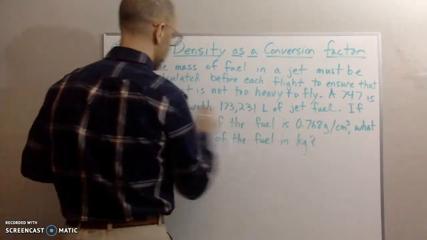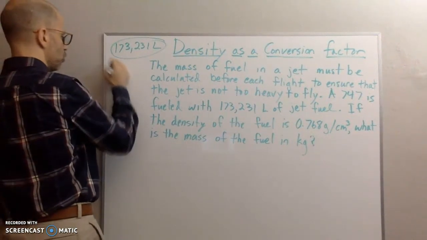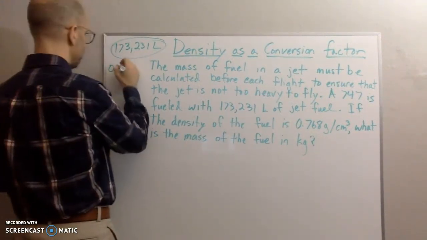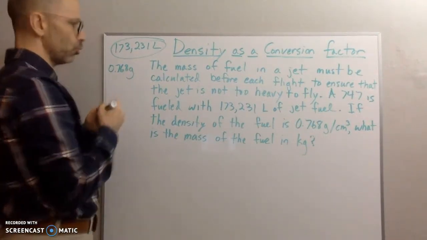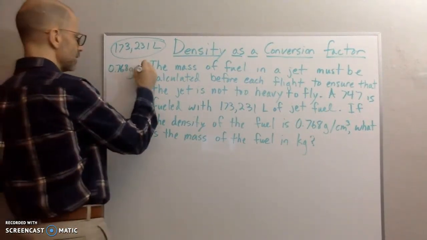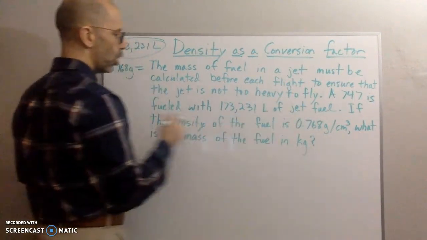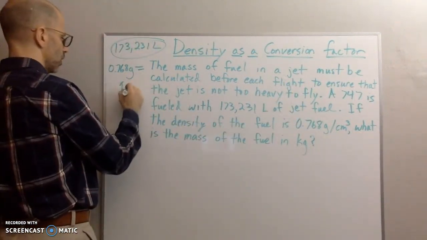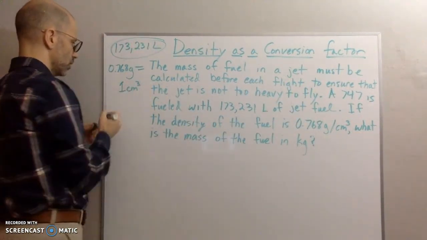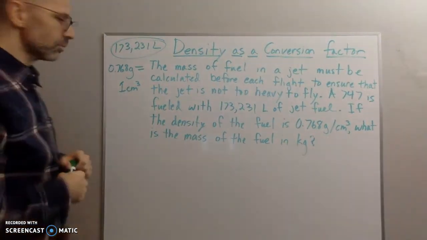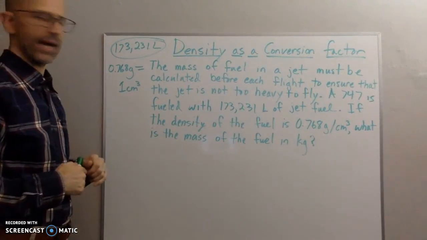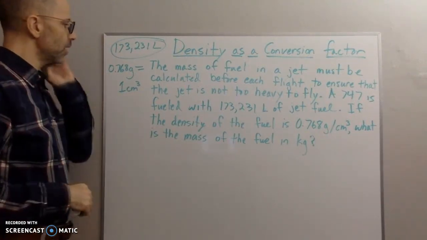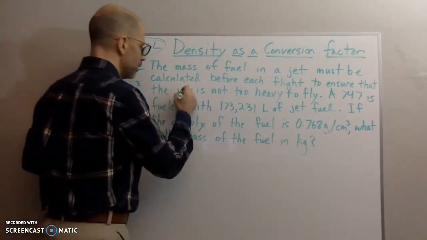That is telling us 0.768 grams of the fuel is equal to 1 centimeter cubed of the fuel. So this is equal to this, and we can use that as a conversion factor in this problem.